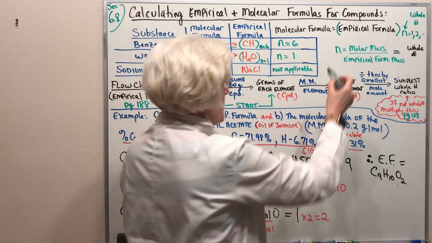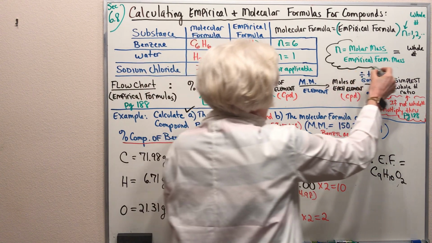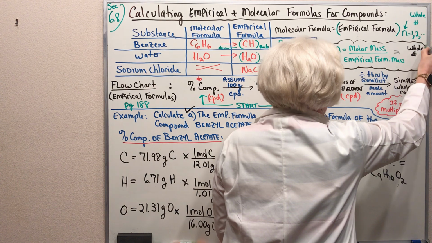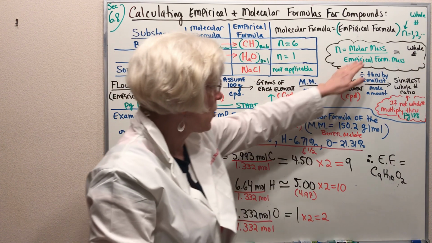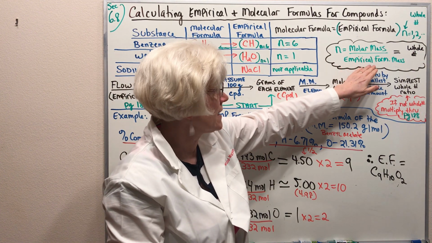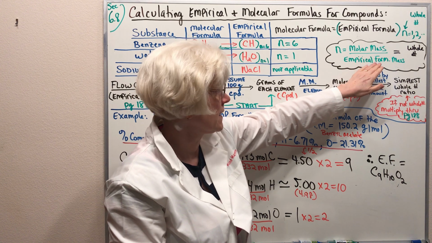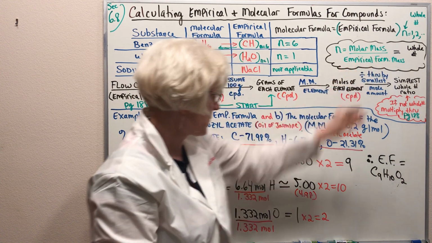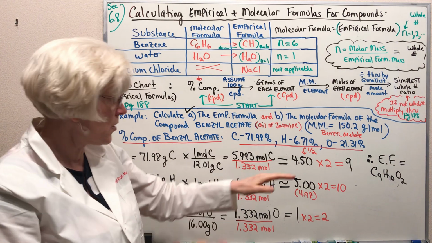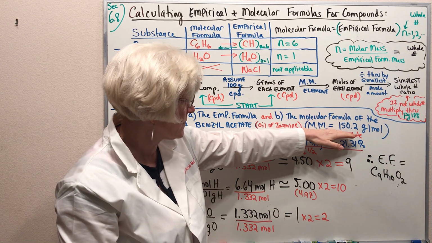And right here is the equation that tells you how to find N. Take the molar mass and divide it by the empirical formula mass. Molar mass, well, we would need to know that molar mass, and we do.